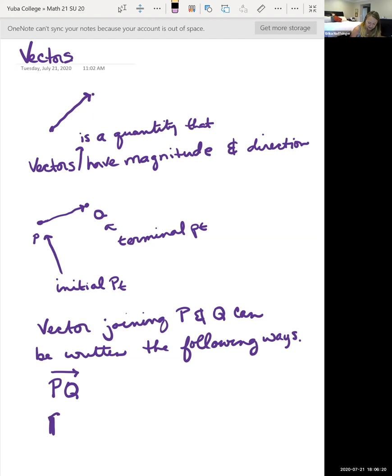If we let V equal the vector PQ, then we would write V with a line over it, or you might see it with bold text.